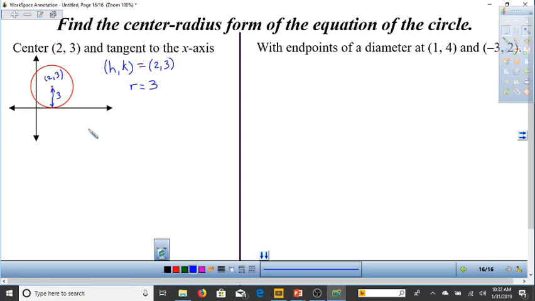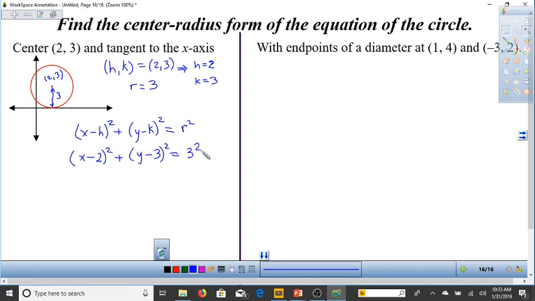So we start out with the equation of the circle, x minus h squared plus y minus k squared is equal to r squared. Now, from the center, we know that h is 2 and k is 3. So, to write this equation in center-radius form, I just say x minus 2 squared plus y minus 3 squared is equal to 3 squared.